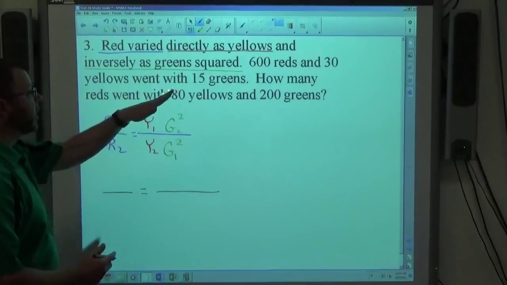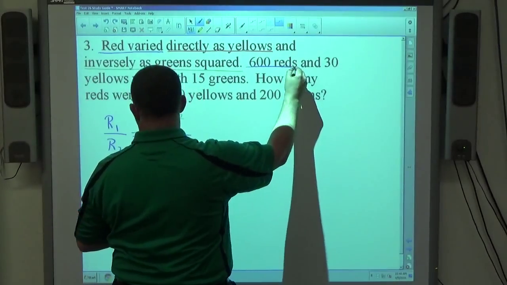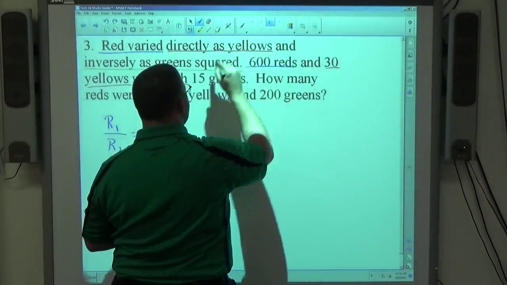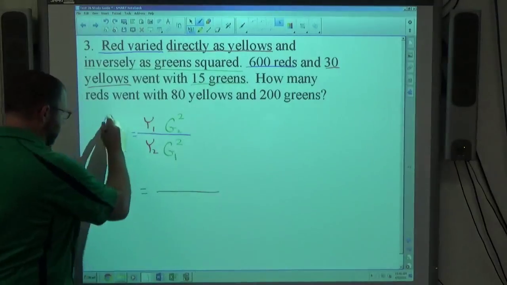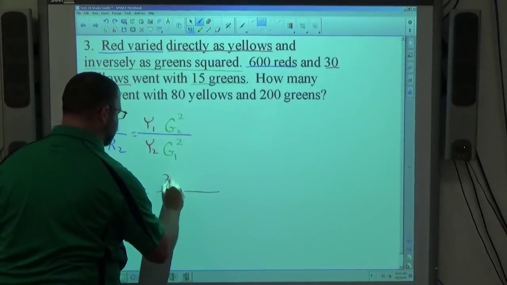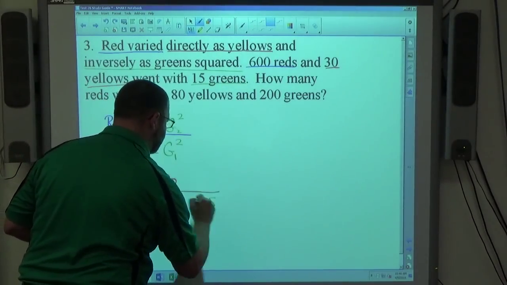Once I've established the setup, now I'm going to create a proportion with specific known values. So 600 reds, 30 yellows, 15 greens. That's first number of reds, first number of yellows, and first number of greens. So 600 first red, 30 first yellow, and 15 squared is 225 first green.